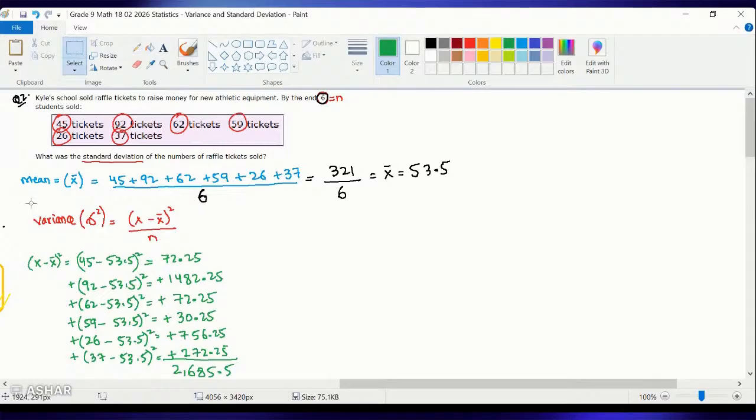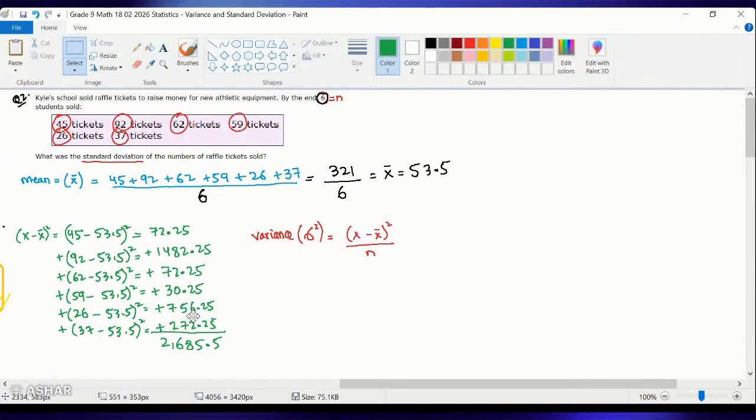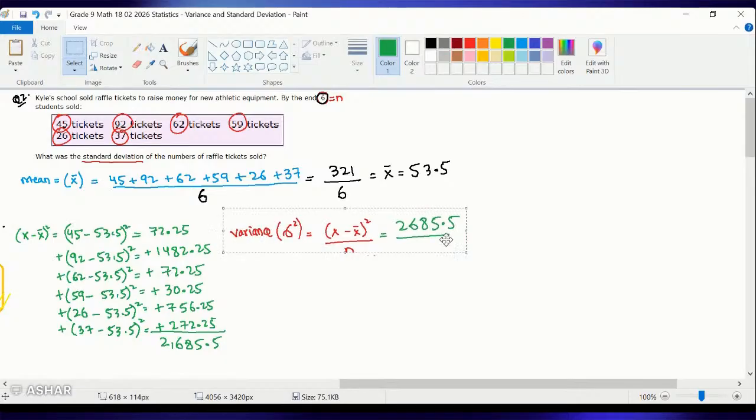So if we agree that the numerator for the variance came out to be this, right? So in place of this numerator, can we write 2685.5? How many terms were there in total? There were 6 terms, right?